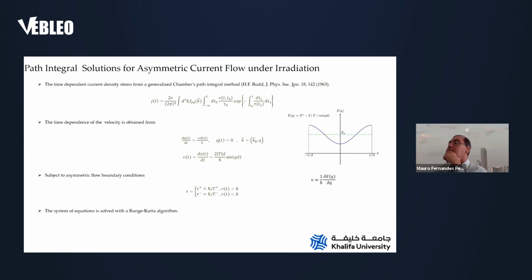And interestingly, we can also describe this with a more precise theory in which I don't really use that analytical ansatz, but then I have to solve the path integral numerically. So I have a closed-form solution for the momentum and the velocity for the electrons going this way or that way.